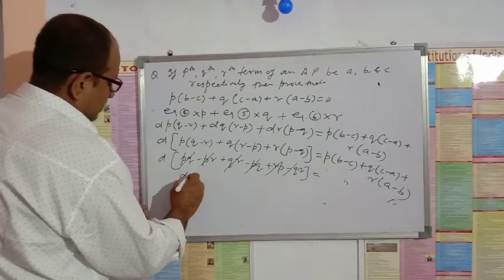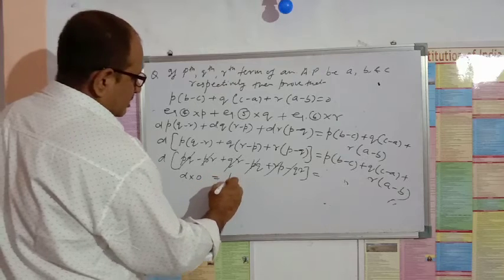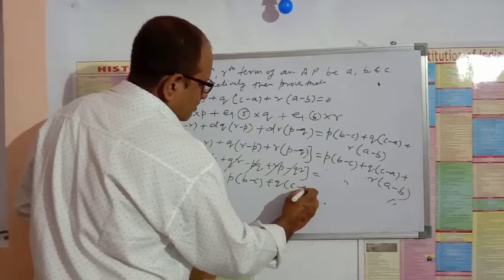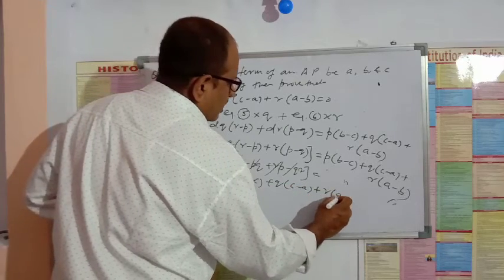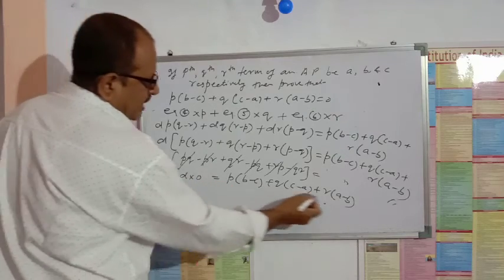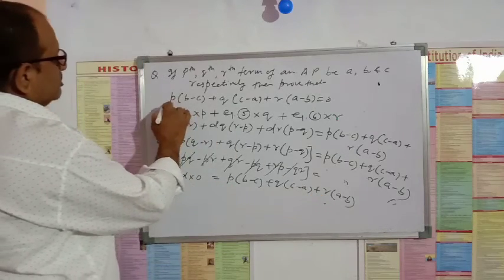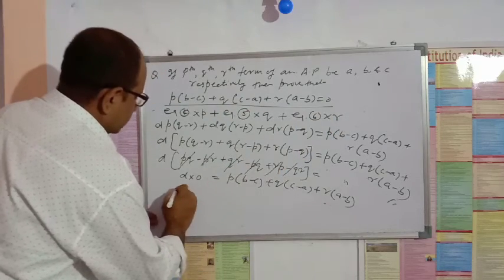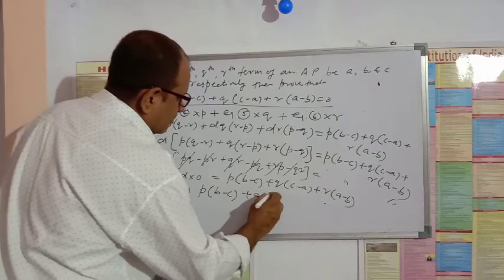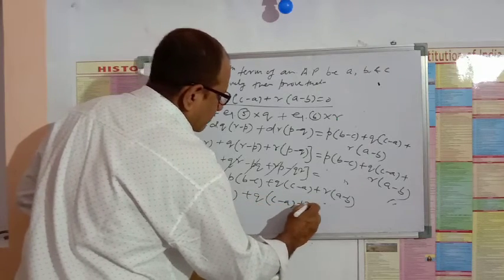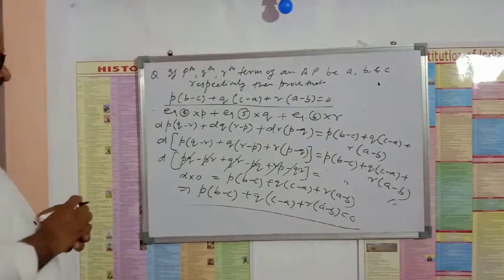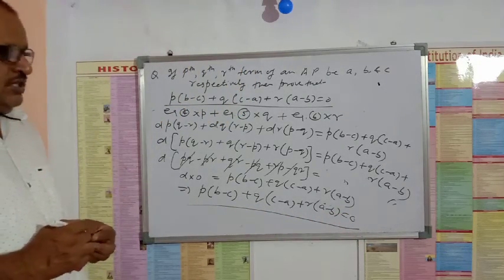So it is d into 0 is equal to p(b minus c) plus q(c minus a) plus r(a minus b). d into 0 is 0. So this part is 0, and we have to prove this result. So it is proved. This implies p(b minus c) plus q(c minus a) plus r(a minus b) is equal to 0. So it is proved.